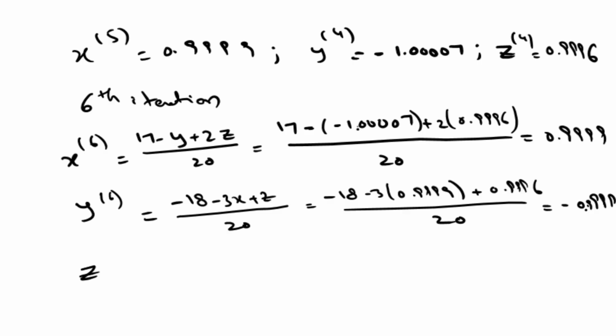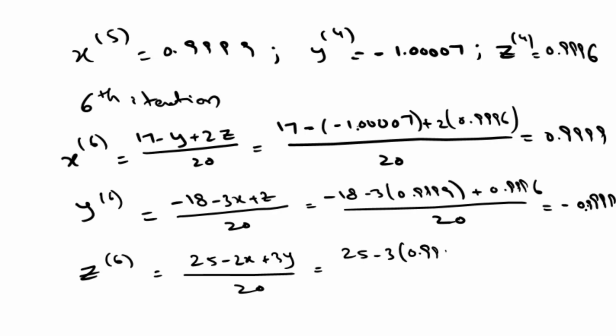And z in the sixth iteration is equal to (25 - 2x + 3y)/20, equal to 25 minus 2 into x is 0.9999 plus 3 into y is -1.407 divided by 20.